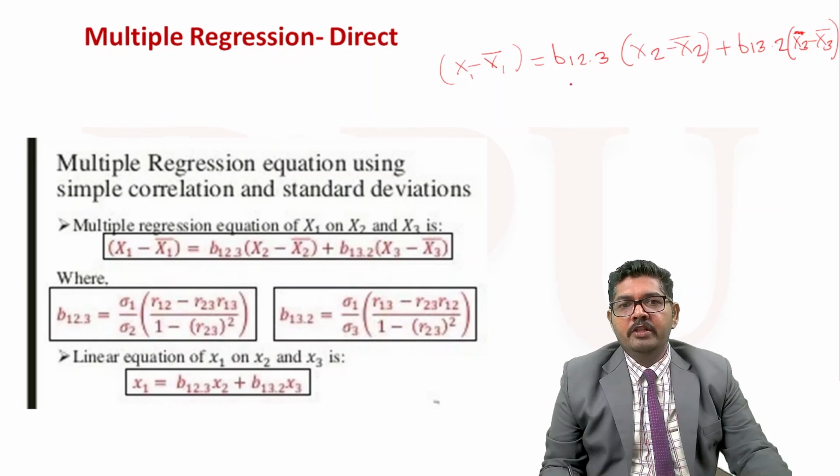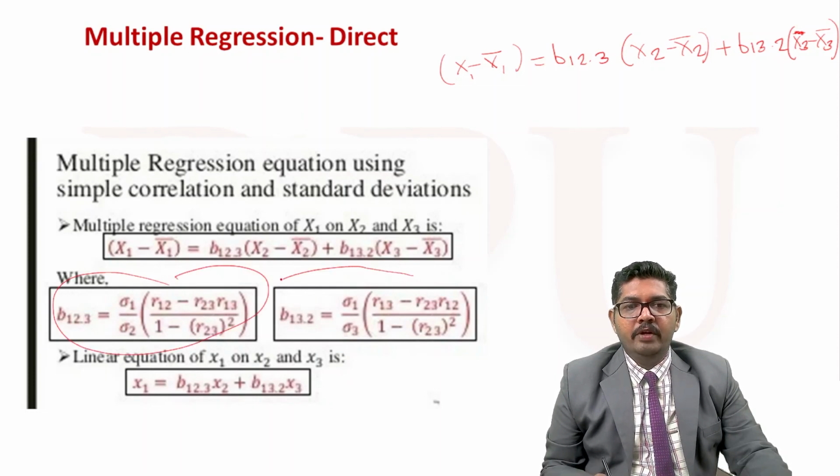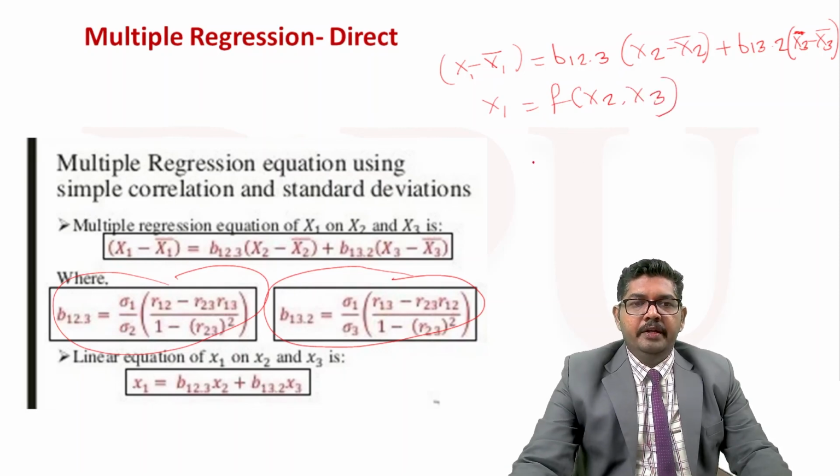So b12.3 can be calculated by using this particular equation, right, and b13.2 can be calculated by using this particular equation, and you can put the values of x1 bar, x2 bar and x3 bar, and then you will get the equation of x1 on x2 and x3. So this is what multiple regression is.